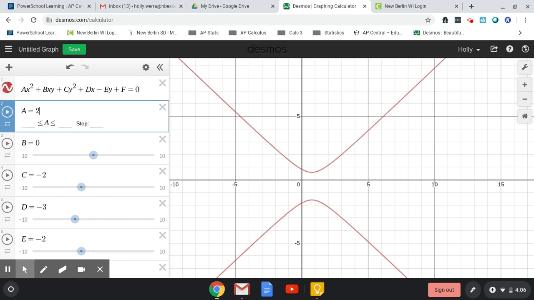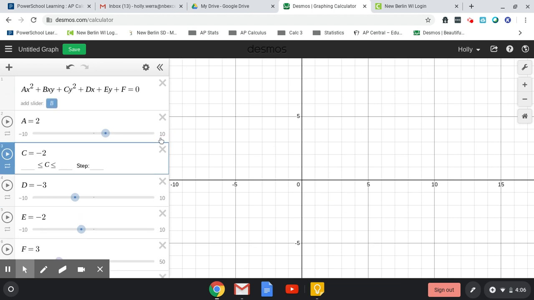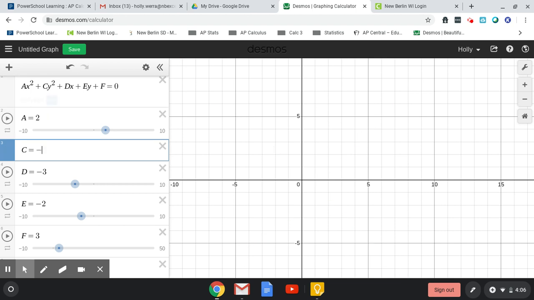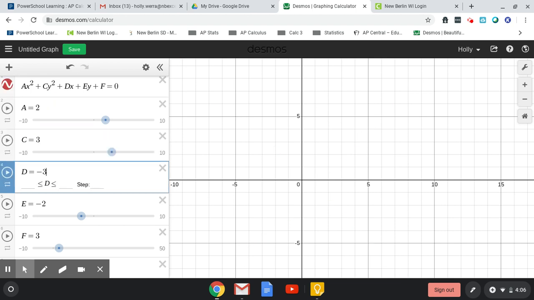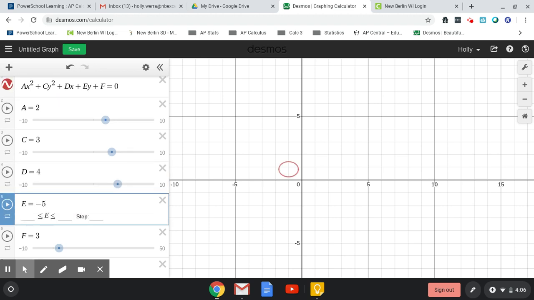Yeah, it's 2x squared. Always skipping the b. In fact, I'm going to delete that so I don't have to keep skipping over it. And I'm going to take it out of this expression up here. Okay? All right. 3y squared, 4x, negative 5y, and then f would be 6.